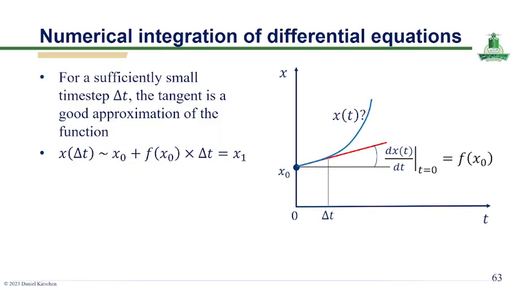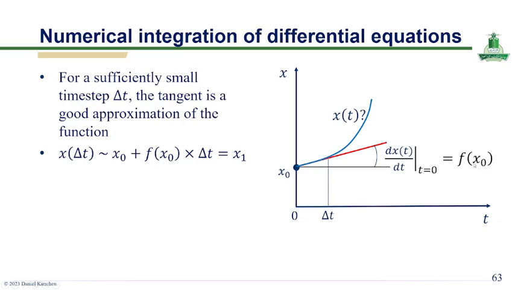So this slide explains the basic concept of numerical integration for solving differential equations. For a very small time step, delta t, the nonlinear function can be approximated by its tangent line at the initial point x0. So we can find f(x0) using the slope of the function represented by dx(t)/dt at time t equal to 0.